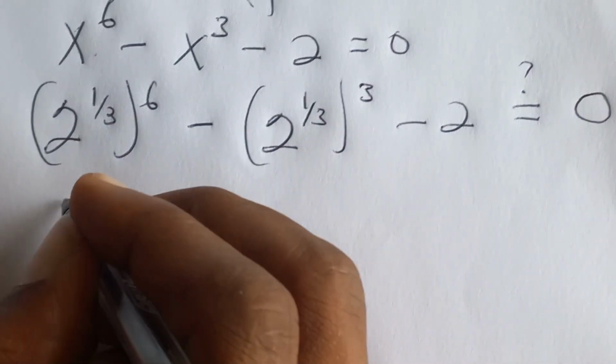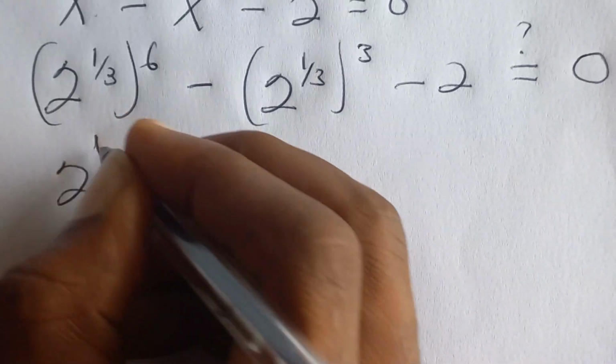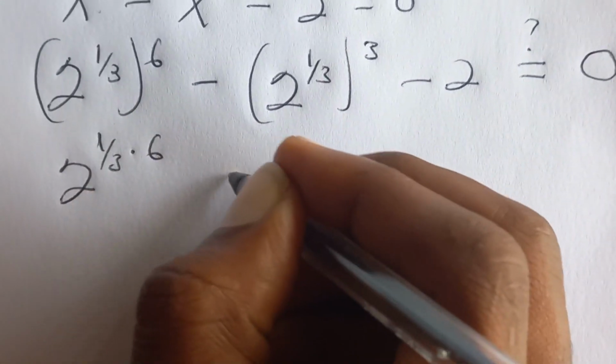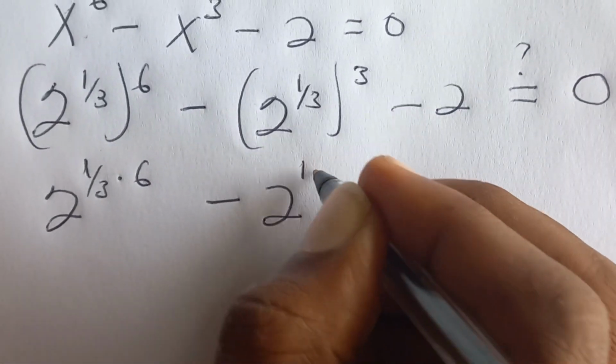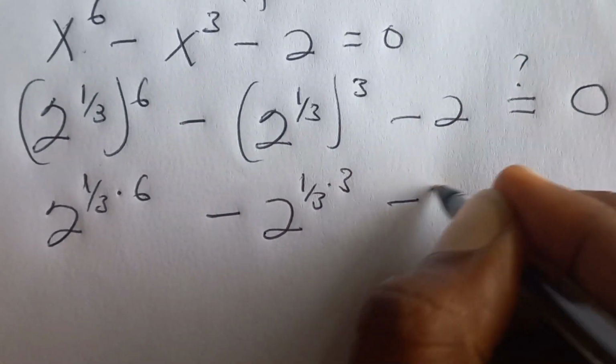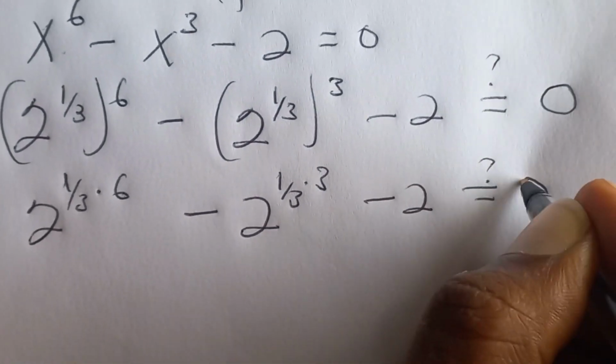So from here you see that 2 exponent 1 on 3 multiplied by 6 minus 2 exponent 1 on 3 multiplied by 3 minus 2 is equal to 0.